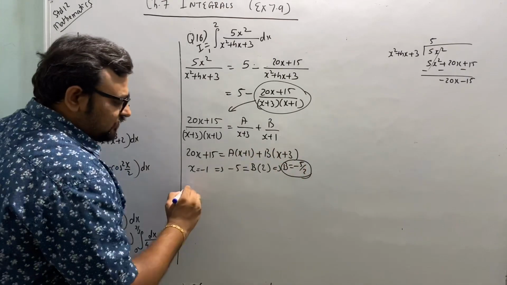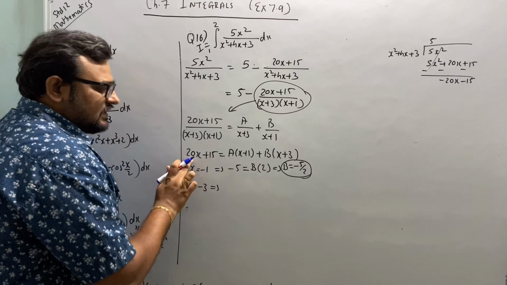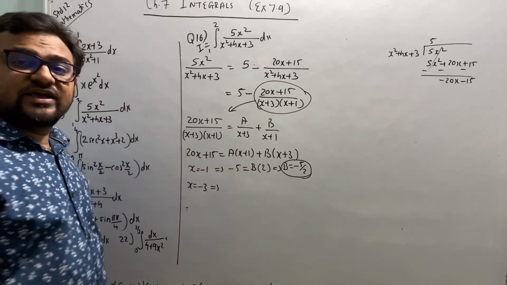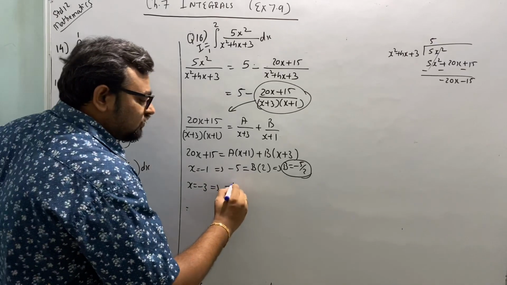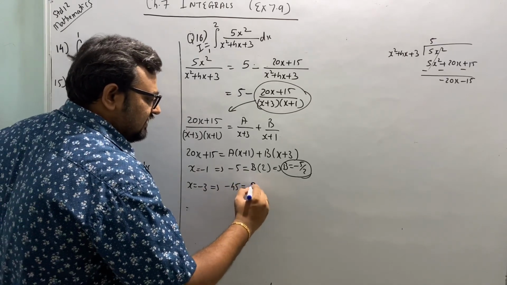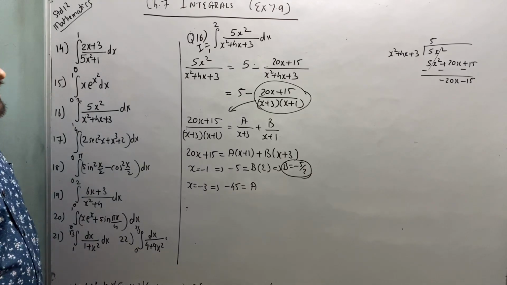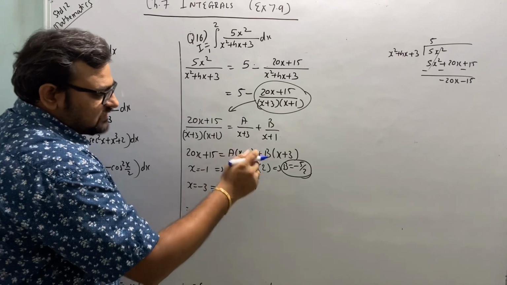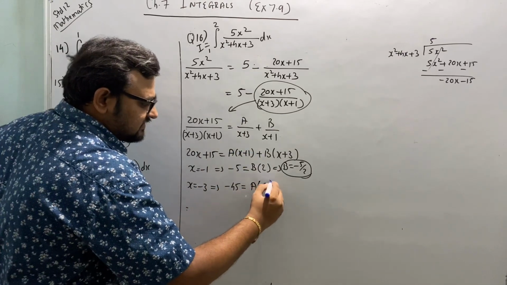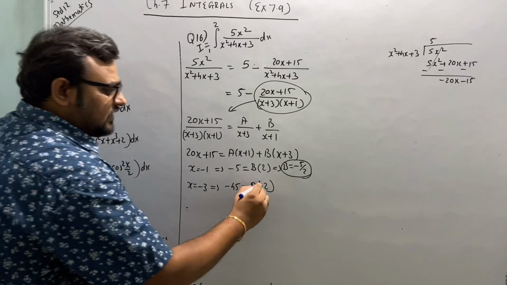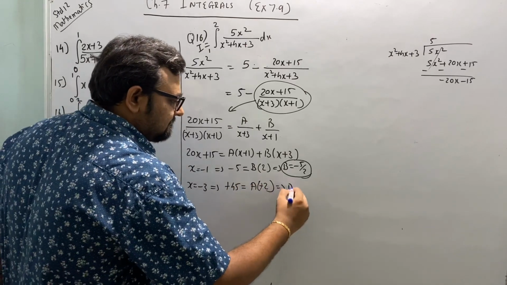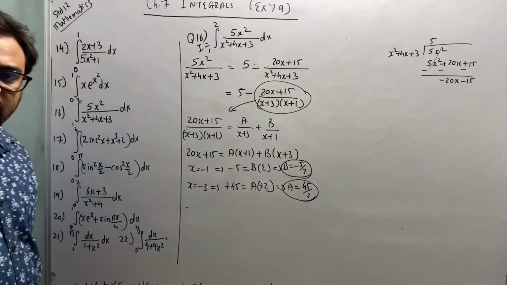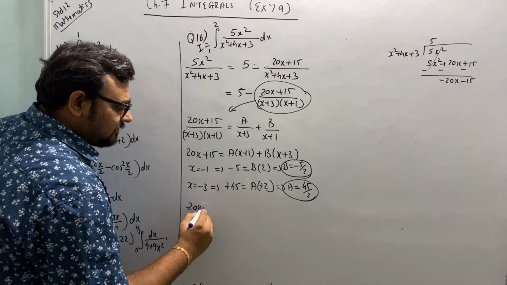Now when I'm taking this 0, means x equal to minus 3. 20 into minus 3, minus 60 plus 15, so this will be minus 45. A into minus 3 plus 1, so it's minus 2. So A will be equal to 45 by 2. Clear?